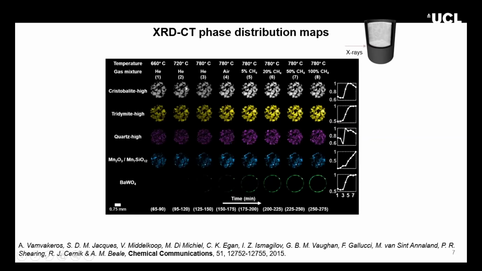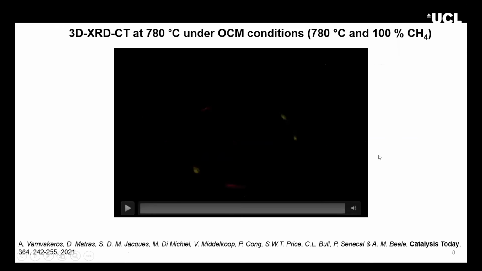One of the things that you can typically see here is that the cristobalite high, as it's known, is actually metastable with regard to tridymite. So you get one form of silicon dioxide converting into another. One of the things that's interesting is that you see the outside of our container starts to react with the tungsten component.